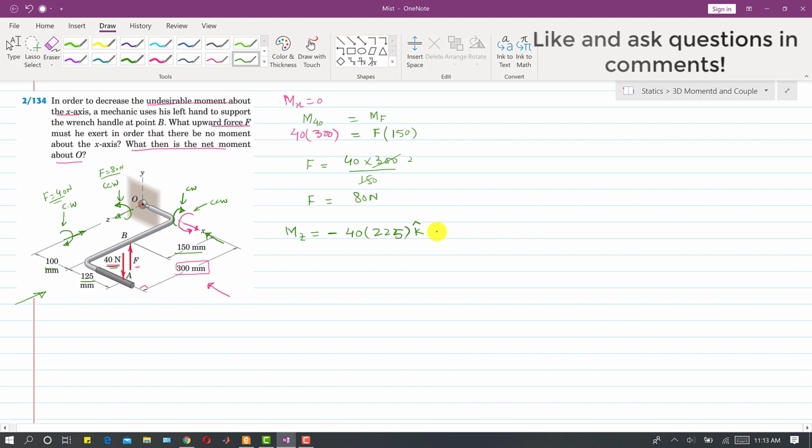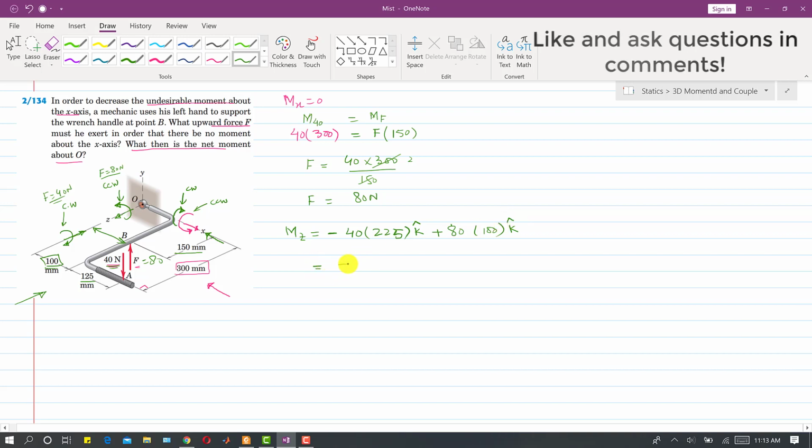Then, since the moment due to this 80 Newton force is counterclockwise, I will write plus 80 into the perpendicular distance, this 100 mm. So I will multiply this with 100, and again write K.